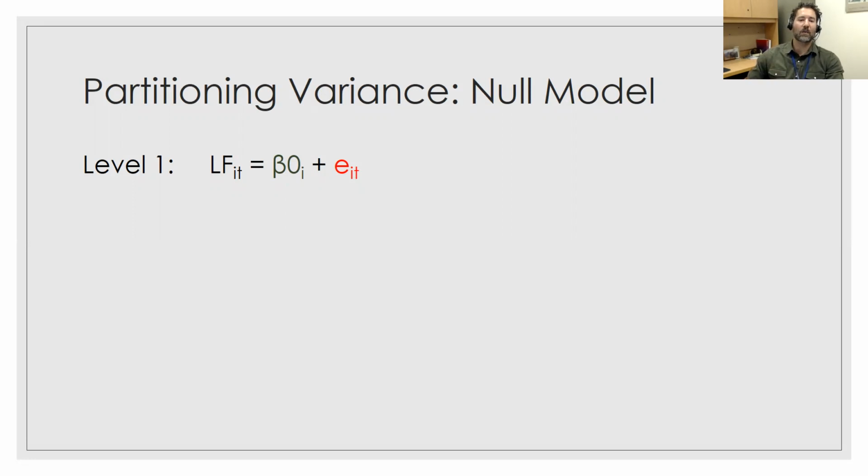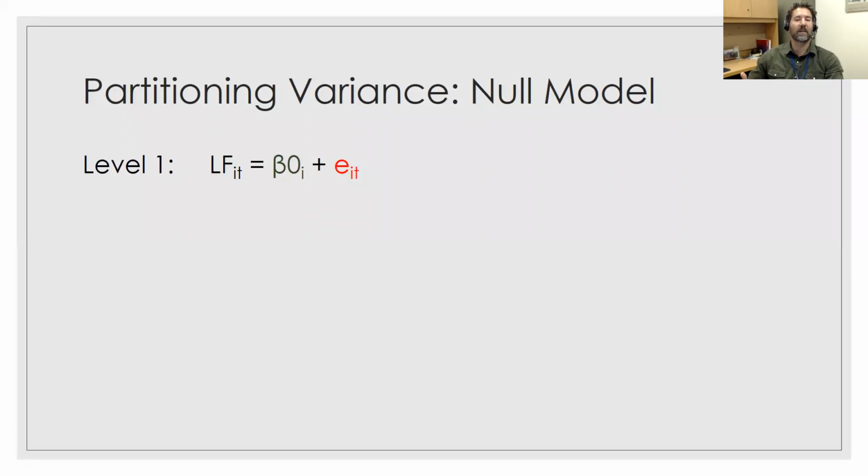The basic equation for our null model differentiates between the levels of the analyses. At level 1, we have 30-minute low frequency HRV readings for person i at time point t. That's what those two subscripts mean. In the null model, the only effect that we're going to model is the intercept, and here the intercept has a subscript of i.